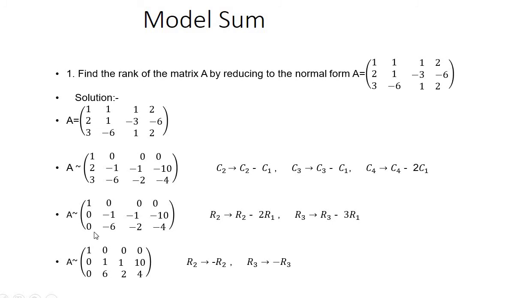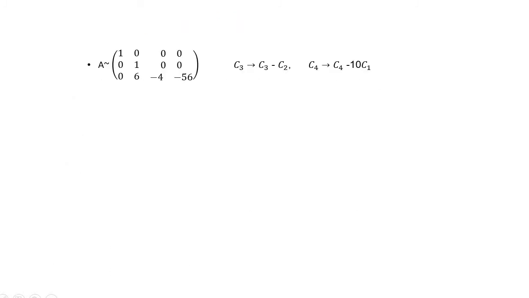Just avoid all negative signs. After performing these operations, we get 1, 0, 0, 0, 1, 1, 10, 0, 6, 2, 4. We have removed the negative terms here. First element should be 1, all others zeros. Similarly, in the second row, only the second element is 1 and all others are zeros.